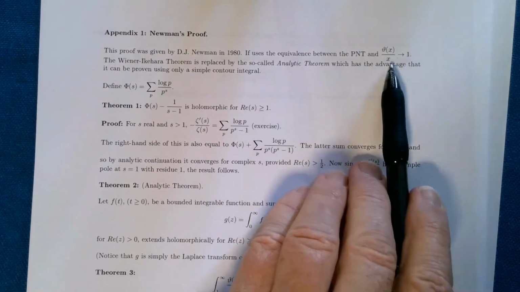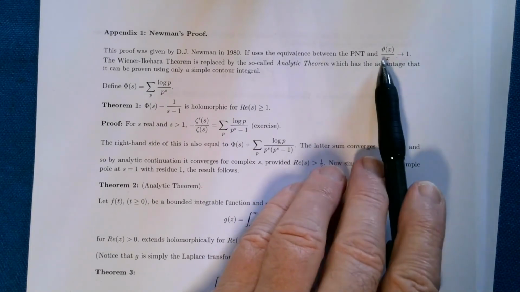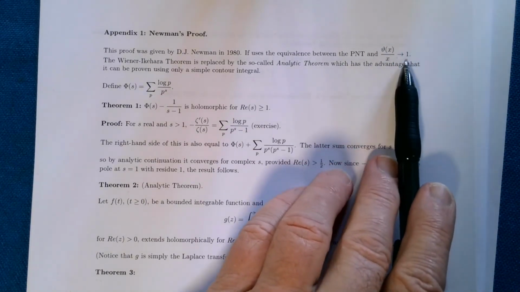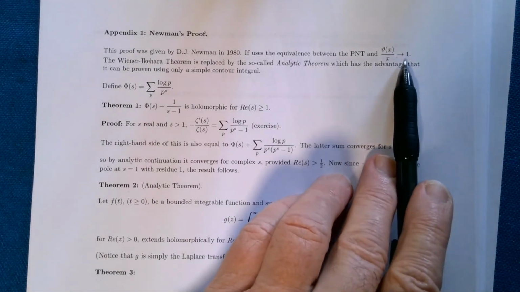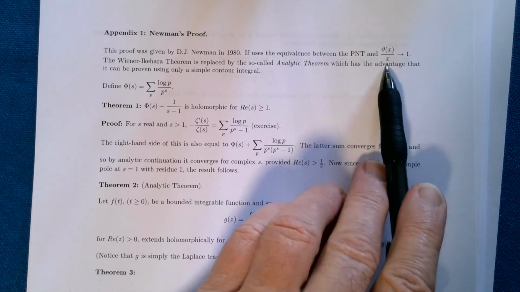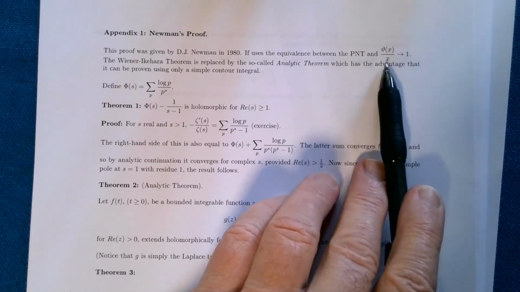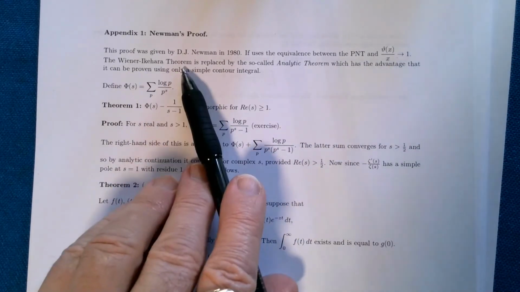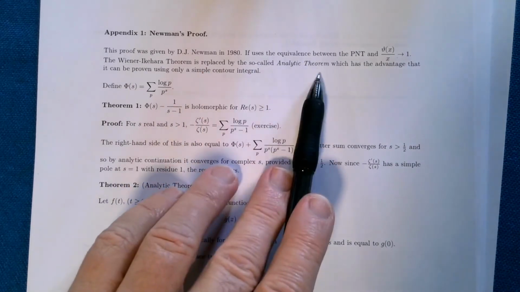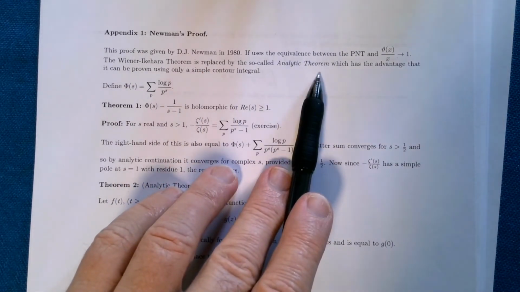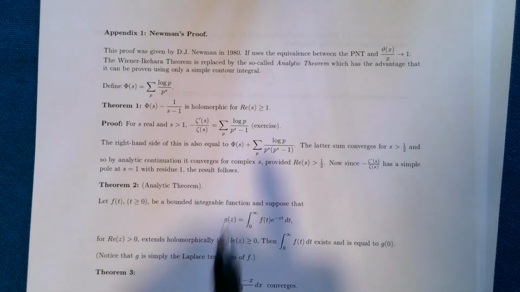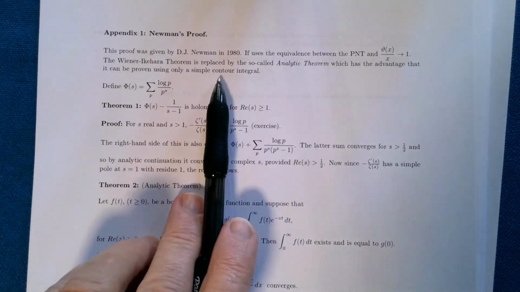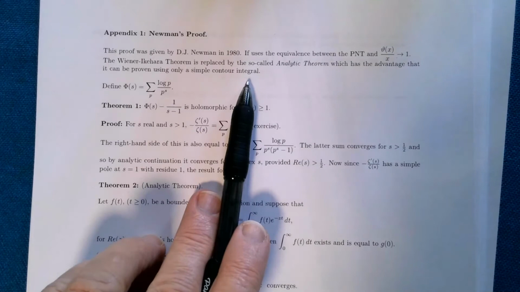Remember, we proved that the prime number theorem is equivalent to saying theta of x on x goes to 1 as x goes to infinity. In the proof we gave earlier we worked with psi, and this proof works with theta. The Wiener-Ikehara theorem that we used is replaced by the so-called analytic theorem, which has the advantage that it can be proven, which I'm not going to give a proof of here, using only a simple contour integral, and you can look at Newman's proof of that.